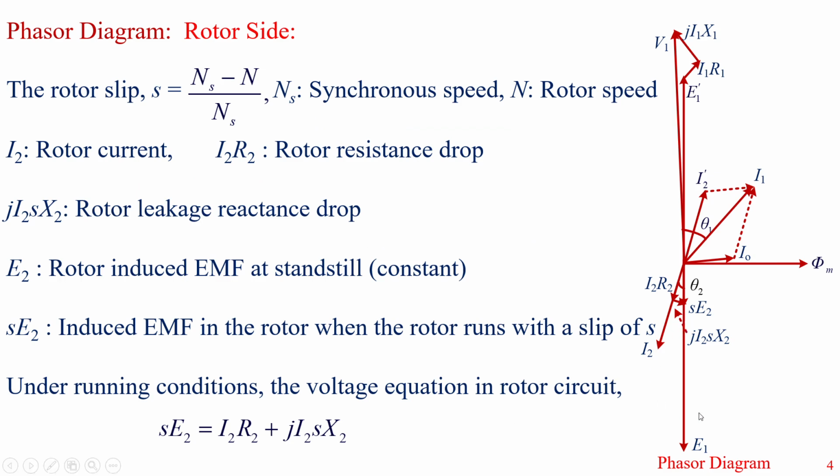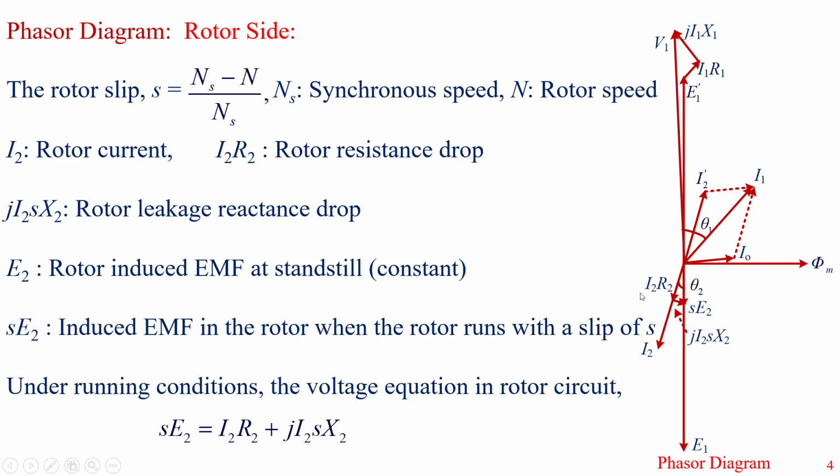This is a phasor diagram of induction motor, and on the rotor side, the rotor slip can be given as S equals Ns minus N by Ns. Ns is the synchronous speed of rotating magnetic field. N is rotor speed. I2 is rotor current.